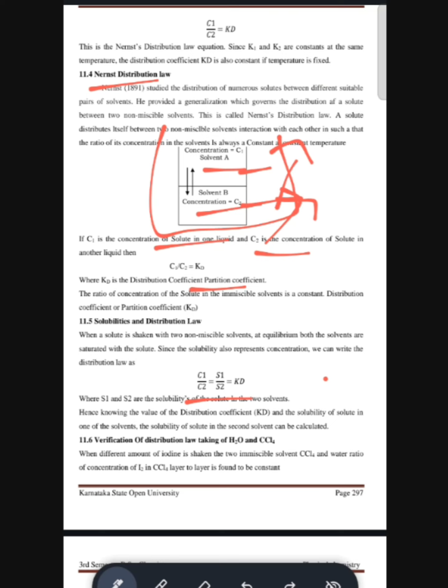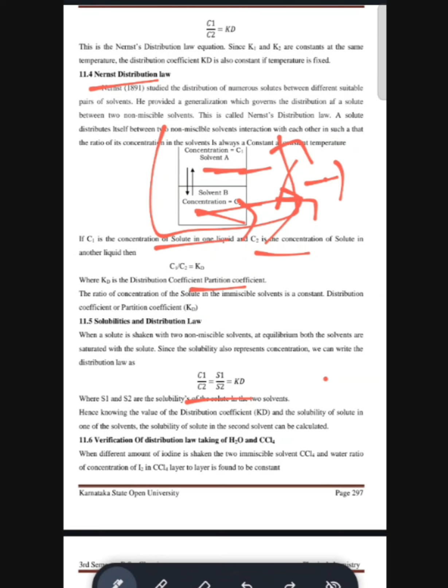You take the non-miscible solvents in a beaker. The solvents form two different layers. For example, ether and water, or benzene and water. So you take different solvents and add one acid to that. How much of the acid concentration mixes with solvent A and how much mixes with solvent B, that we are going to identify.